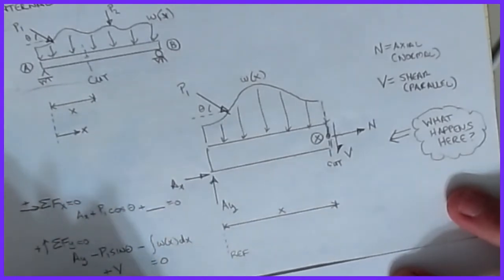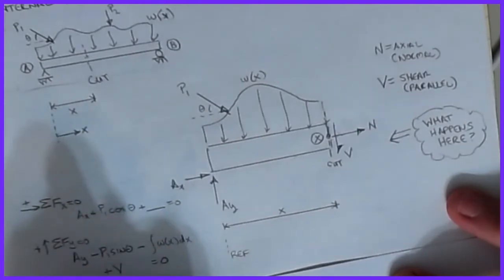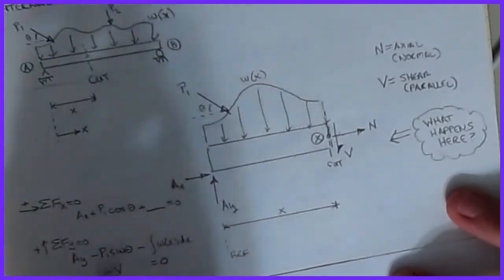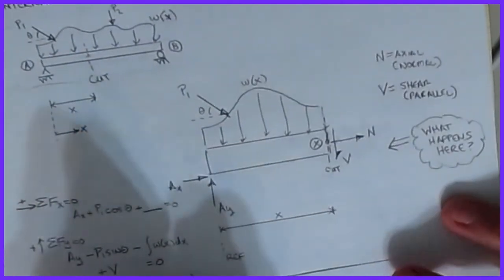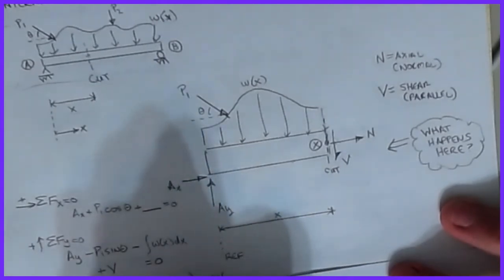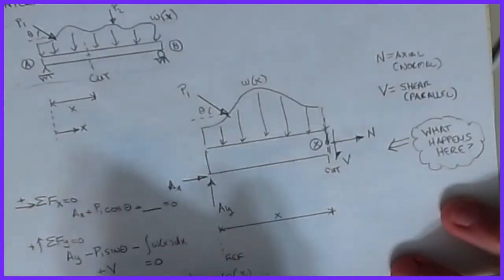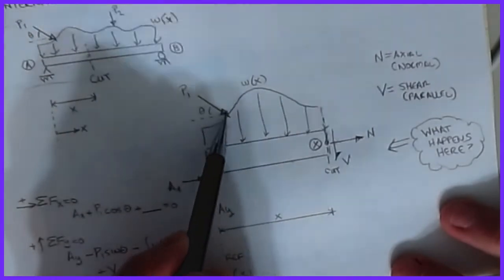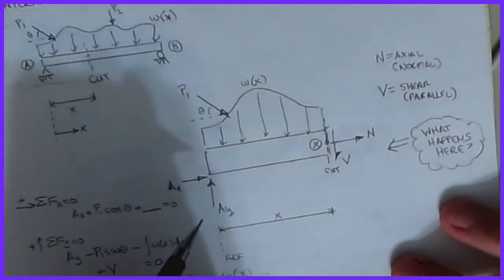Now if we look at everything else that's happening, if I do a sum of the moments at that cut location, I get some Ay times a distance x, plus whatever the P1 is doing times its perpendicular distance, plus whatever the w(x) is doing times some distance, and so forth. There's a whole lot of stuff causing a moment in this, and it's highly likely that the moments caused by all of these will not add up to 0.